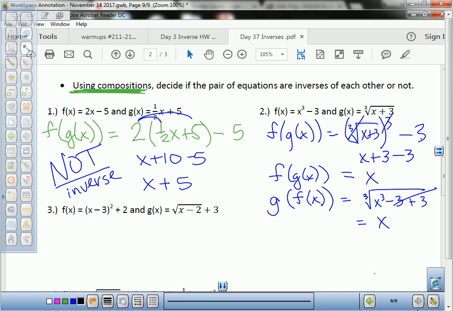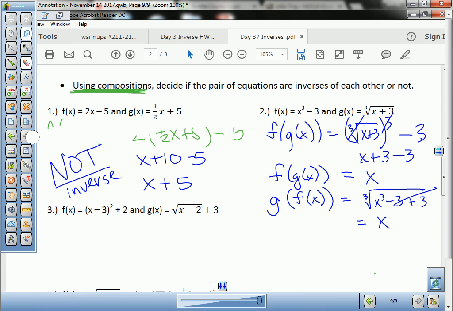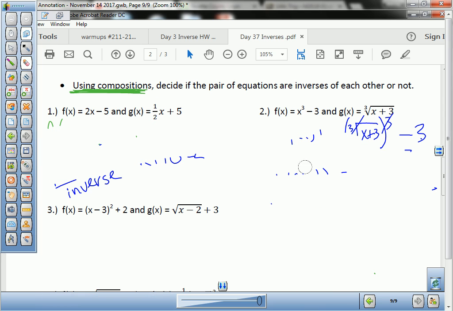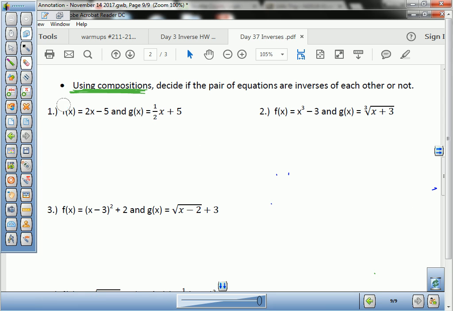Okay. So what happens when I give you two functions that we haven't proven are inverses? Like numbers 1 and 2 on the back. These kind of look like inverses: a line and a line, a cubic and a cube root.